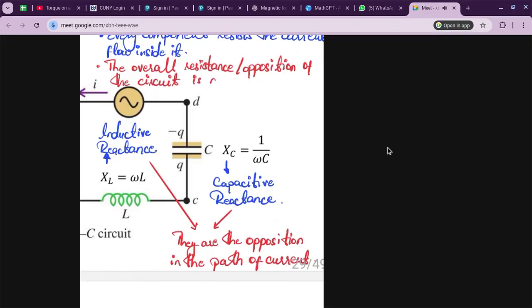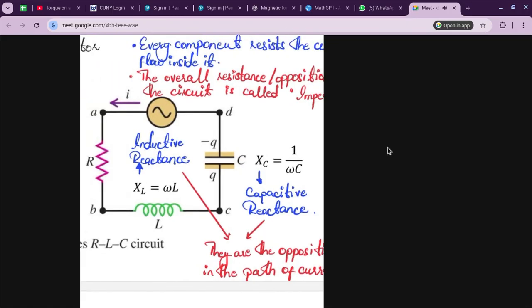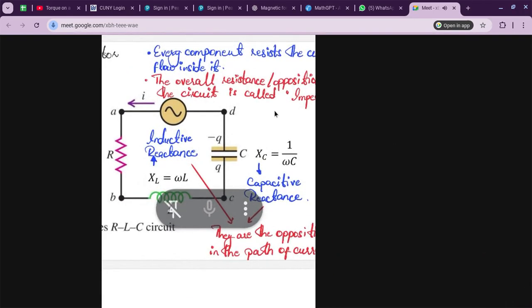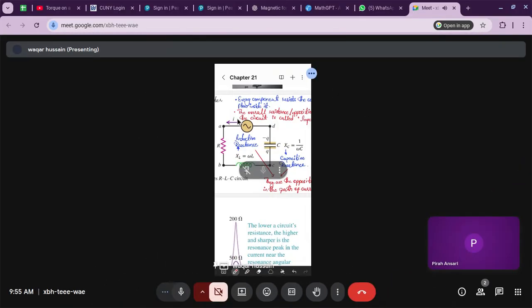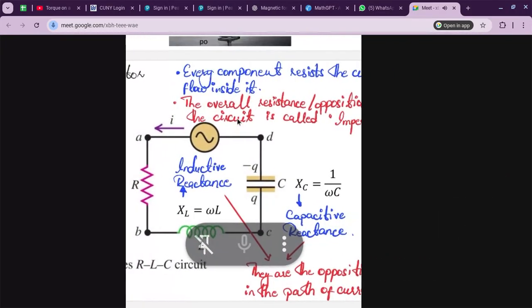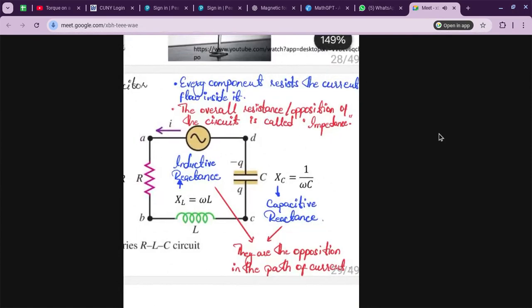The overall opposition of the circuit is called impedance. When we have any component other than a resistor, the circuit's total resistance or opposition is called impedance.